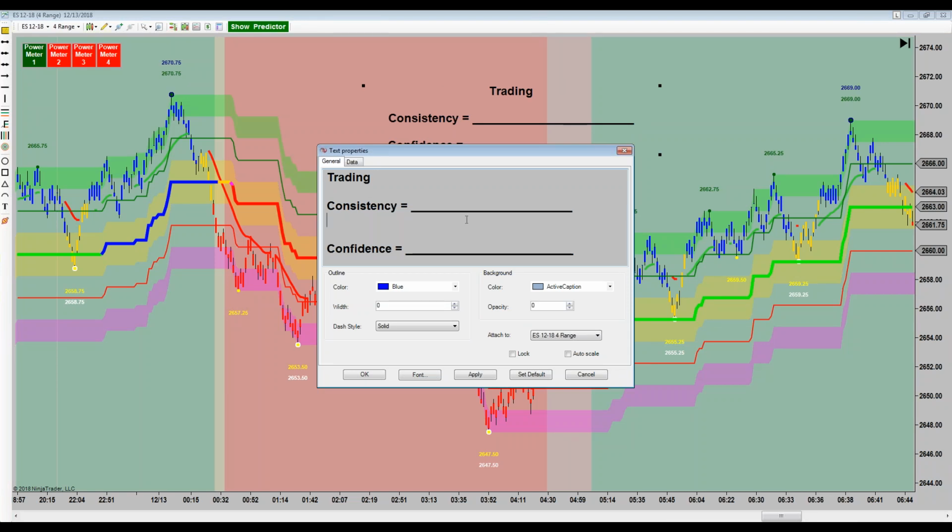So if I type into consistency and add a couple of words in front of it, like how do I achieve consistency? I being you, the trader, right? Let's go with that one first. How do we achieve consistency?